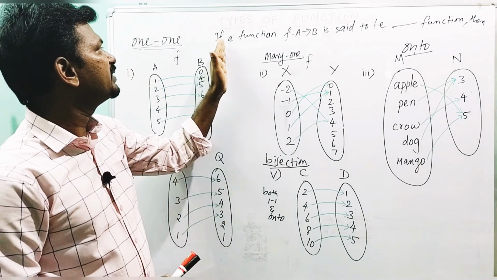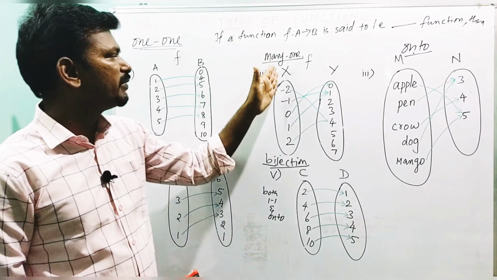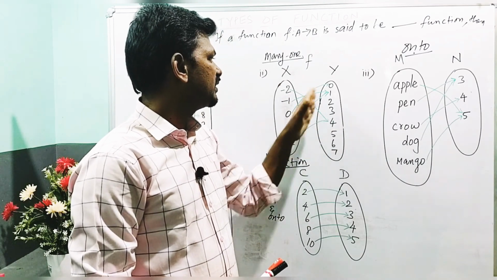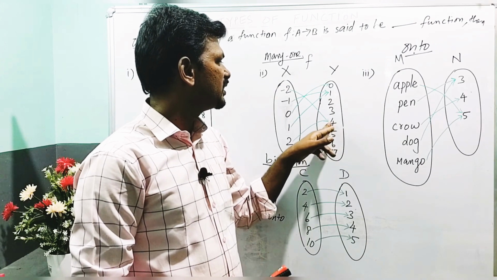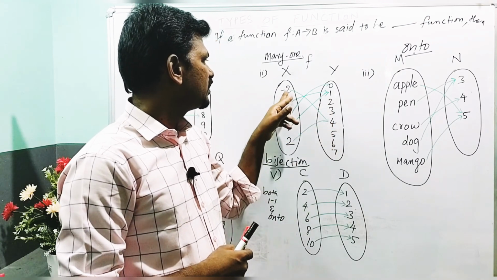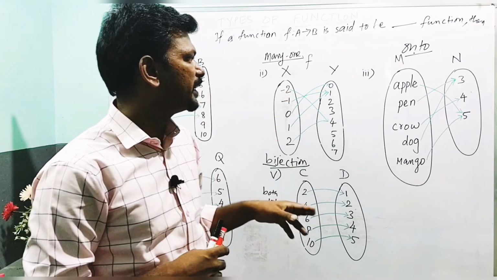When you write the definition, if f from A to B is said to be a many-one function, then at least one element should have two pre-images in the domain.